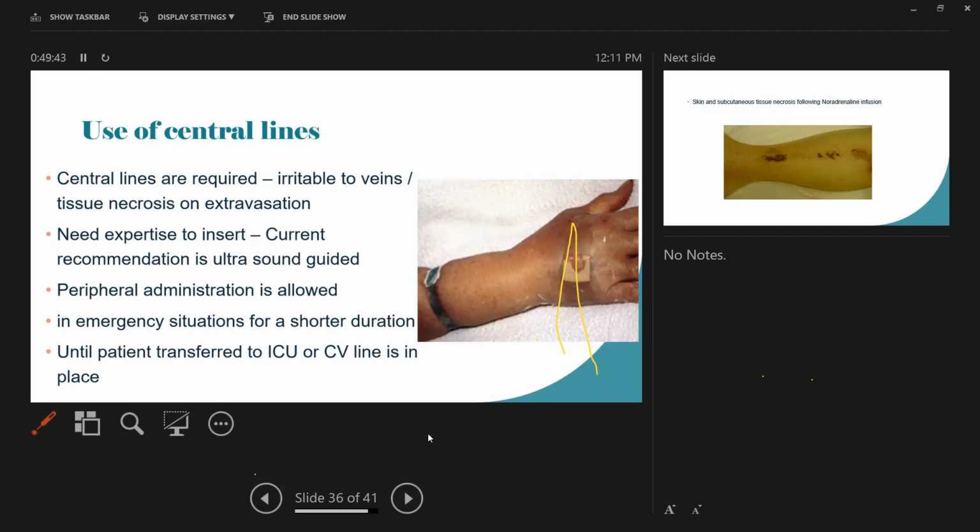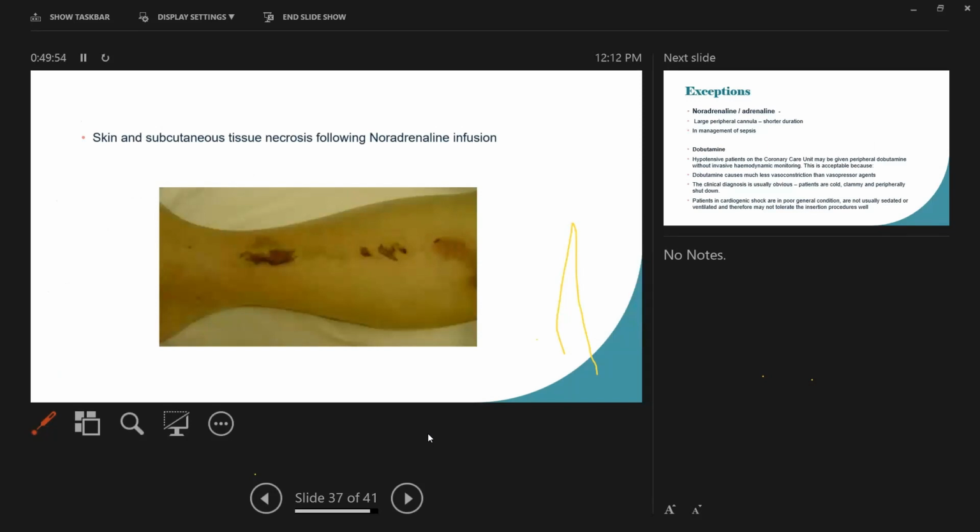So in emergency situations, for shorter durations, you can use it, or until your patient is transferred to ICU or an HDU. So what happens when your noradrenaline extravasates? You can have necrosis of skin as well as subcutaneous tissue if the noradrenaline extravasates from these vessels.